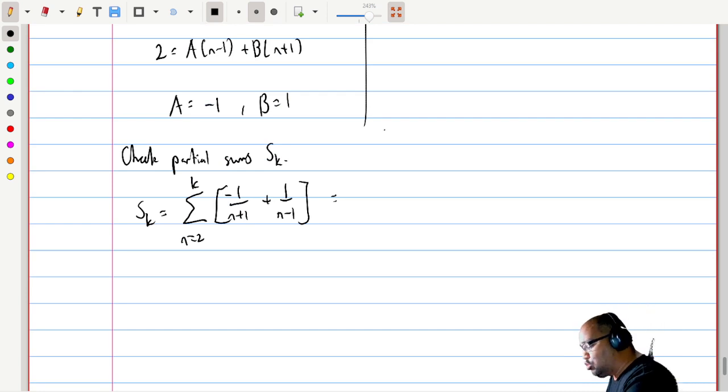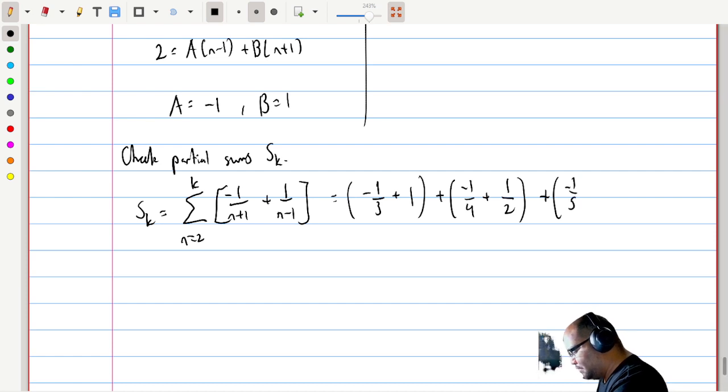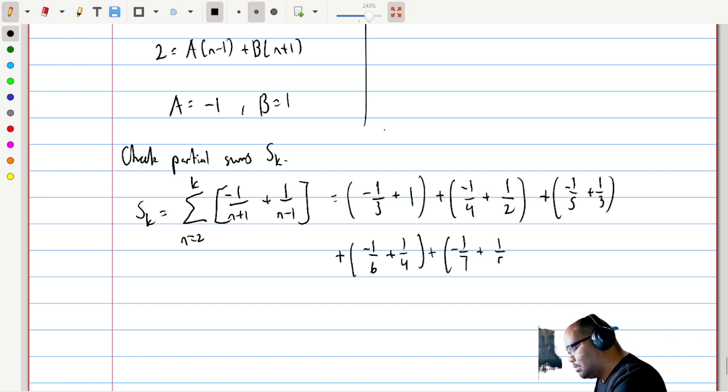So n equals 2 gives me minus 1 over 3 plus 1. Then n equals 3 gives me minus 1 over 4 plus 1 over 2. N equals 4, minus 1 over 5. And I'm just going to plug in a lot of reference numbers here, just so that we can see the pattern. And then hopefully we see what happens.